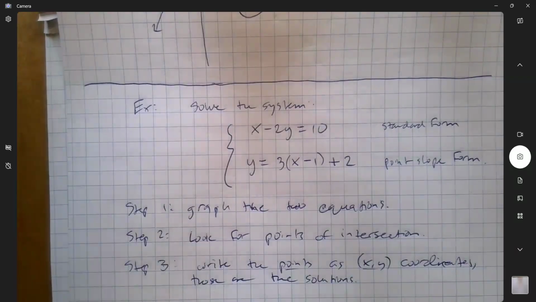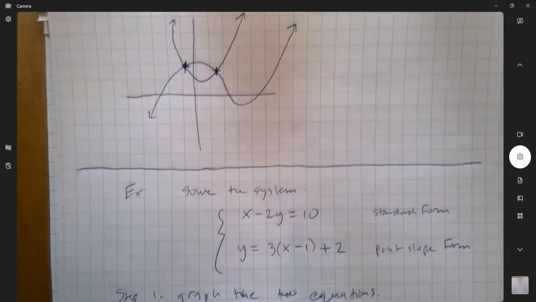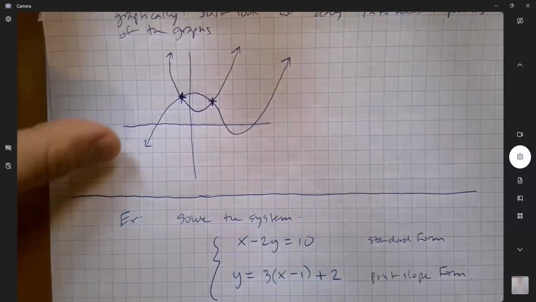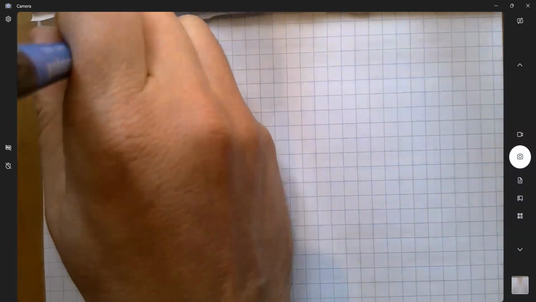But as I said, this works for any equations. So when you have, for example, graphs that curve, you might have more than one point of intersection. I said that most of the time we're going from symbols to graphs.